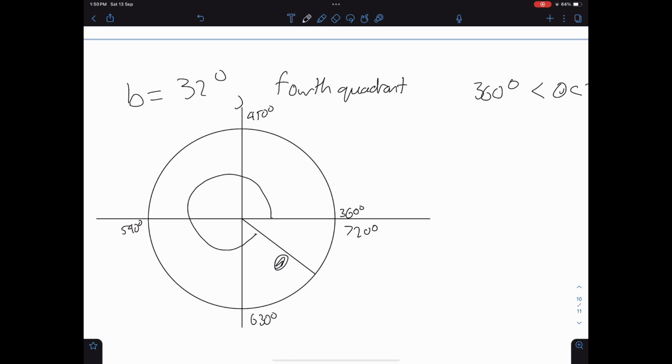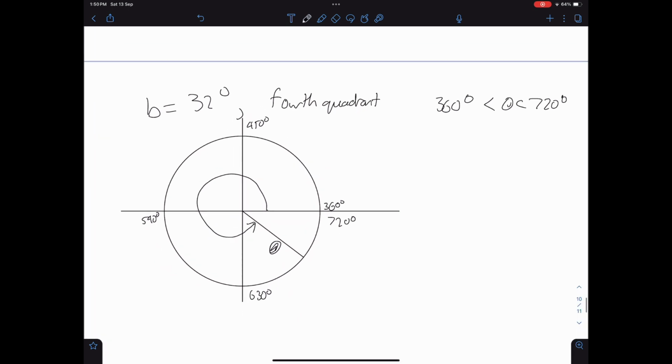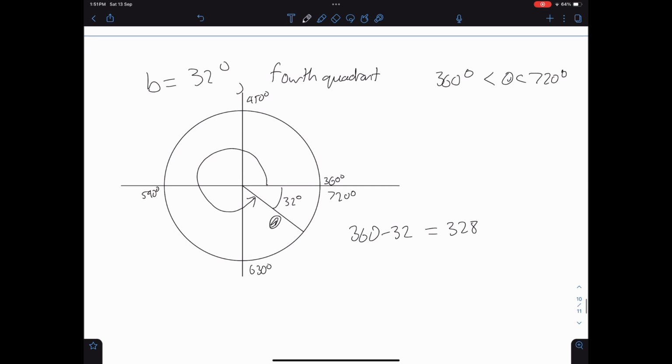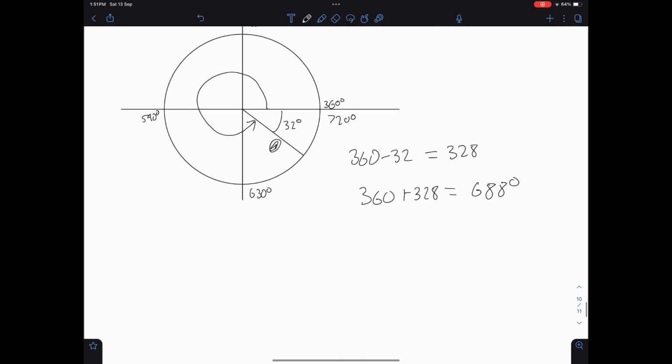And it's anti-clockwise rotation, so it's actually like this. So we figure out, okay, well, we know this is going to be 32 degrees, and remember our angles around a point. Angles at a point sum to 360, so we go 360 minus 32, and that is 328. And we remember we started at 360, so we add the 328. And that gives us 688 degrees.